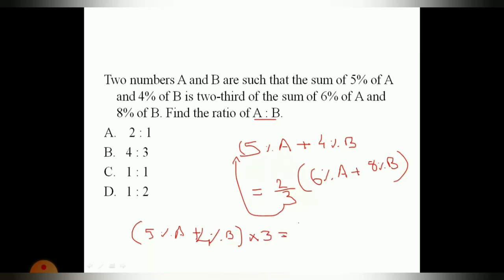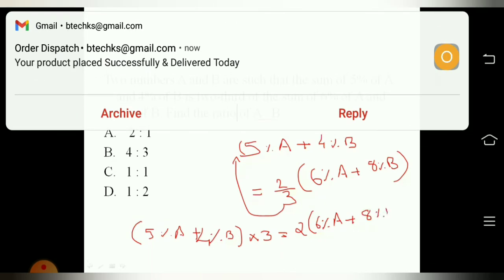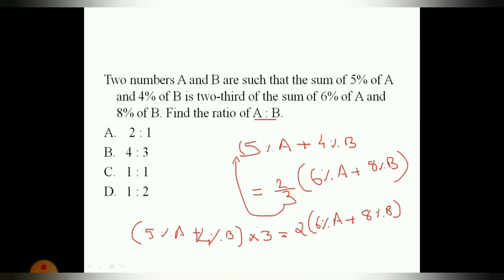Cross multiplication is equal to 2 into 6% of A plus 8% of B. Yes.